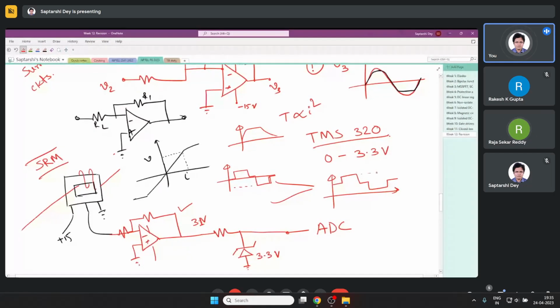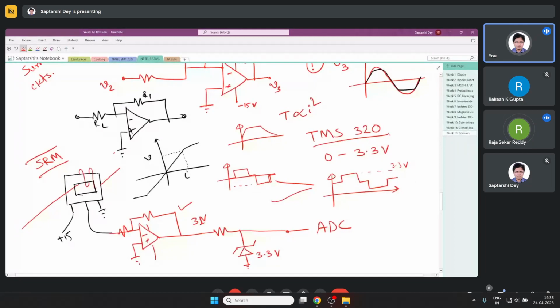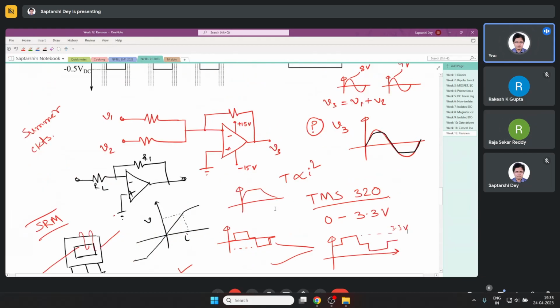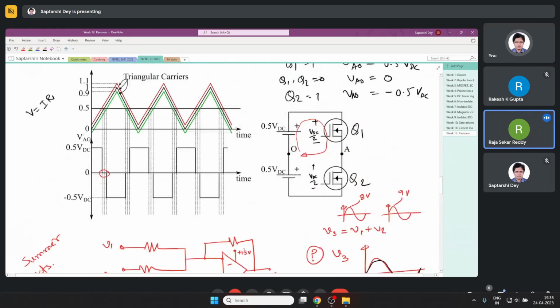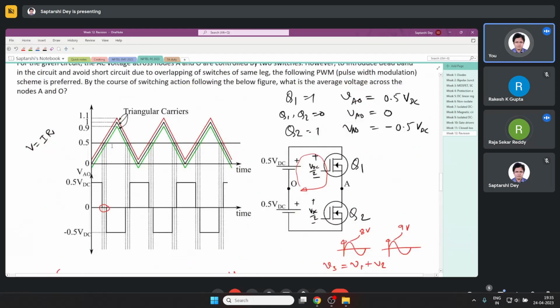Make sure this is inside the 3.3 volt level, then you feed it to the controller. Okay, so coming back to your question, how we make this? We make this using summer circuits.